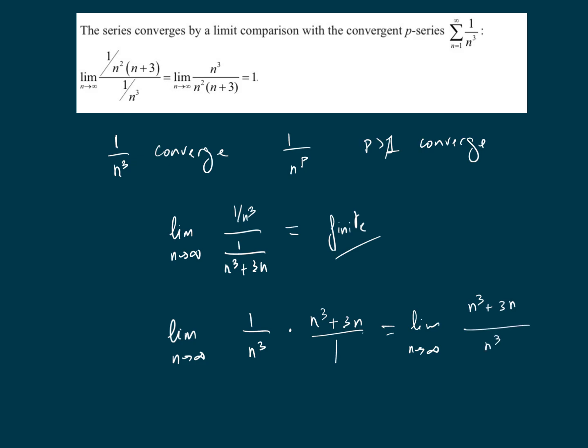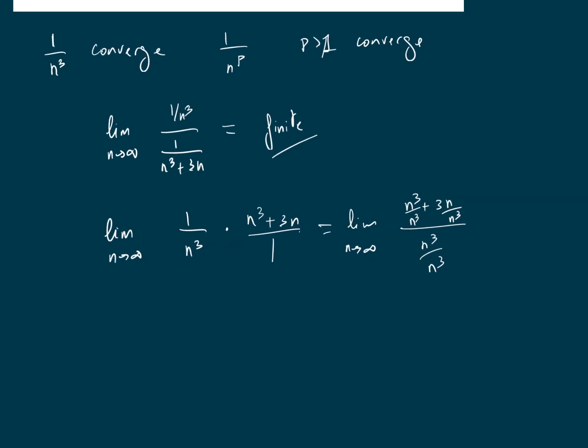So I will divide numerator and denominator by n cubed. If I divide numerator and denominator by n cubed, this limit will be 1 plus 0, because this will tend to 0, because it's 1 divided by n squared.